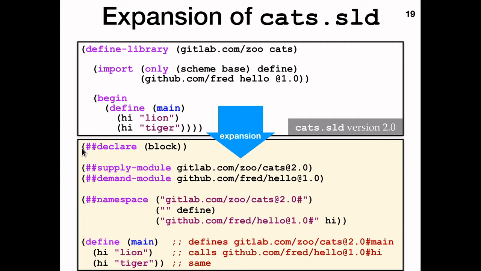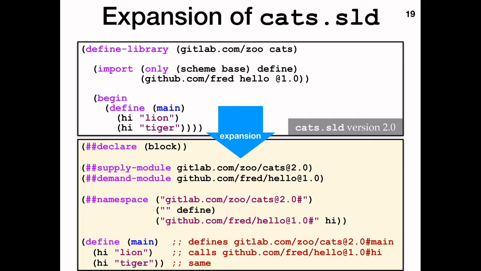In demand module, you have the registered dependency to the module hello hosted on GitHub, followed by the namespace declaration, which specifies the global namespace of the library and the namespace of the imported symbols from other libraries. Note that scheme base is an example of a library that doesn't require demand module because it only exports existing symbols from the Gambit runtime system.